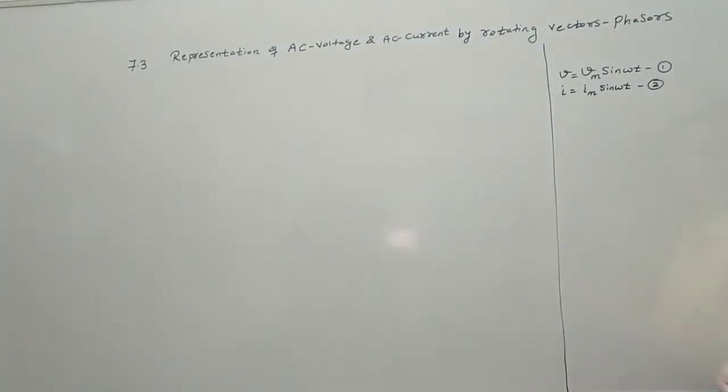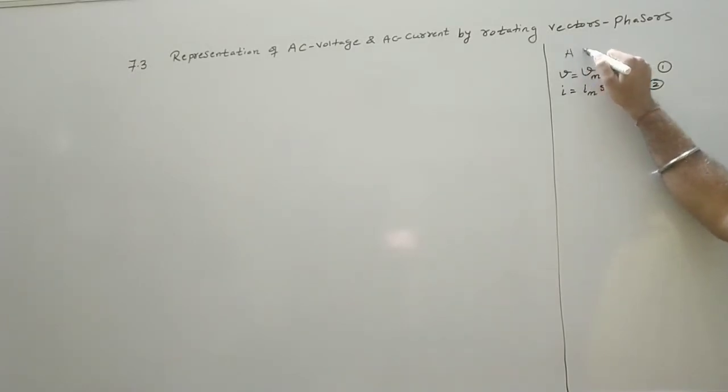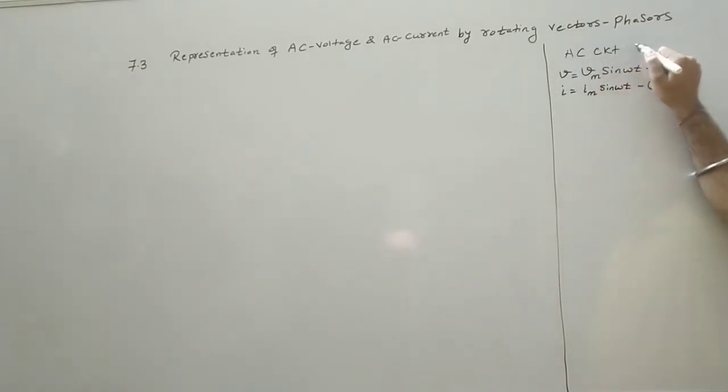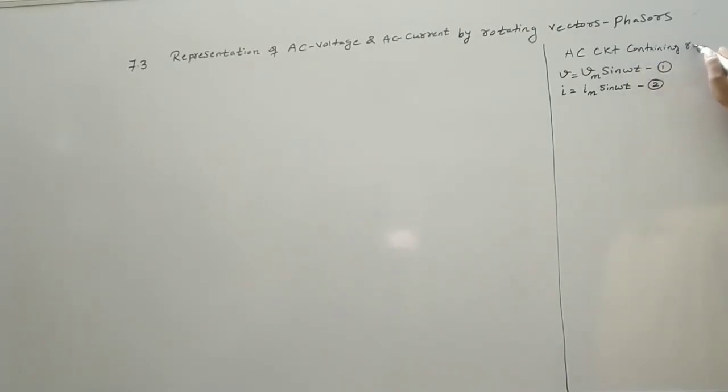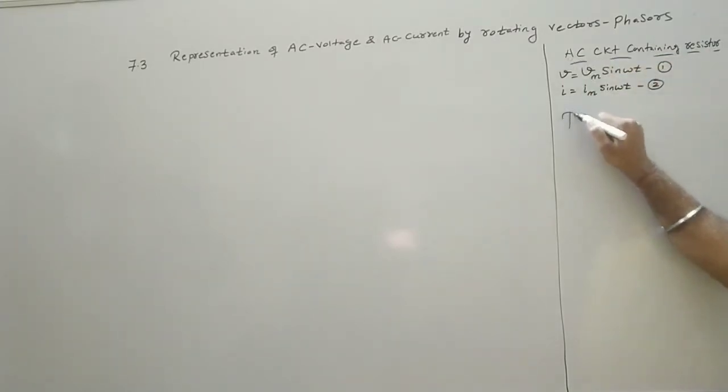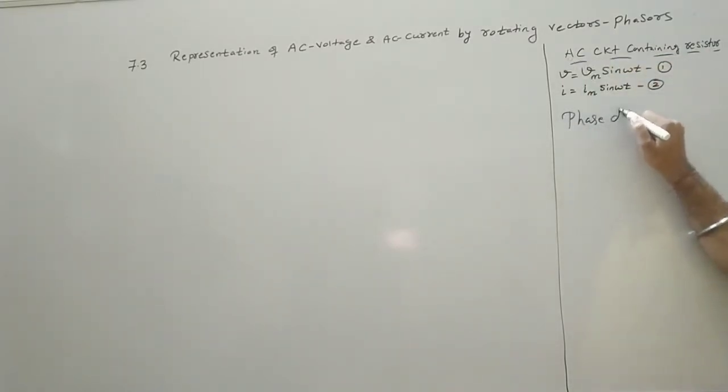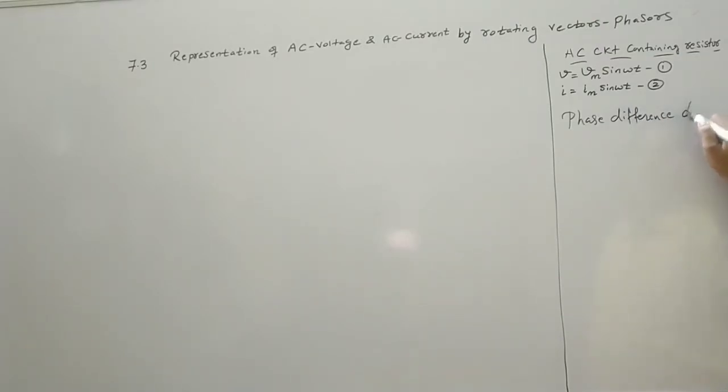Here, this was AC circuit containing resistor only. And if I say what is the phase difference, that is the angle, let us denote that phase difference by phi, then it was 0.